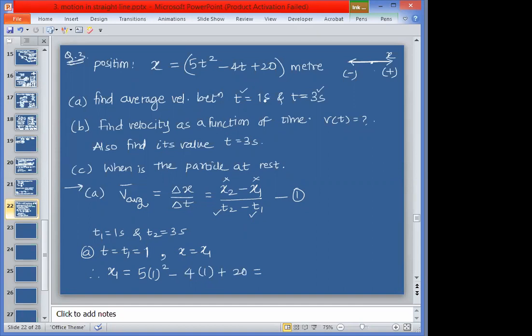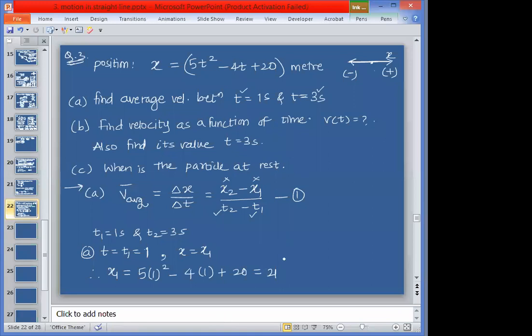At the initial time, what is the position? What is the answer? So did you calculate the initial position? Yes, all of you are giving the correct answer. So that is 21. Okay, the initial position is done.